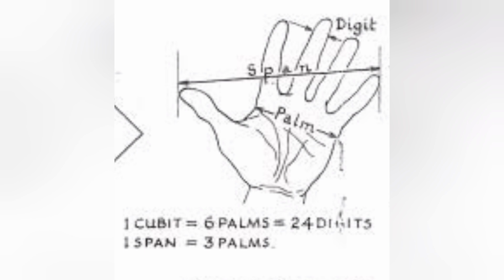If you stretch out your fingers in the same way that this picture is showing, so take the span of your thumb and your little finger, and put it on your elbow all the way to the bottom of your hand, the bottom of your palm, what you will find is that that will be roughly the size of a cubit.